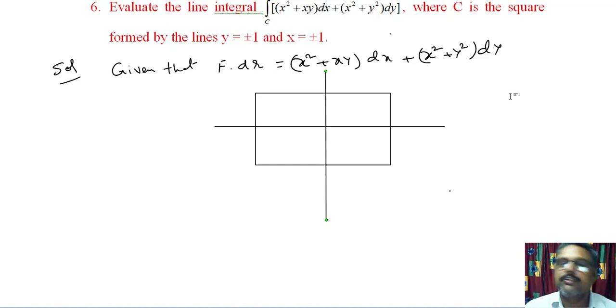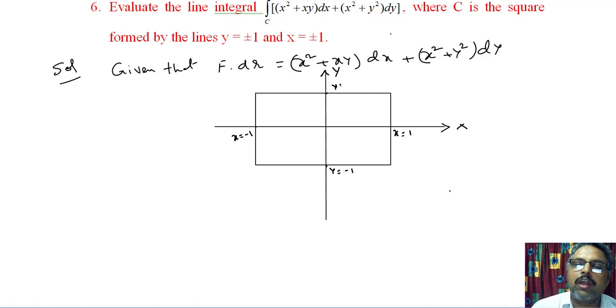Listen, I will explain one by one. Here x = 1, here x = -1, here y = -1, here y = 1.